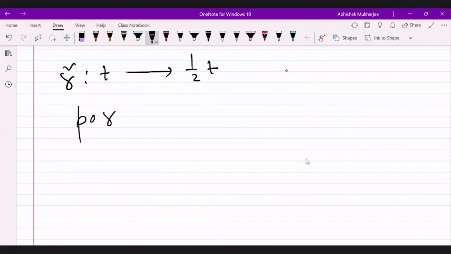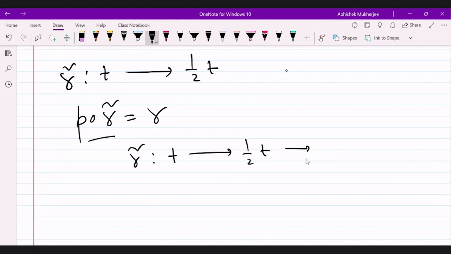One will expect that this will happen, and in that case, this is true. Just look at P composed with gamma tilde. What is that? Gamma tilde is t to half of t, and then you are using P. So this will be e to the power 2 pi i half of t, right? So that means it is e to the power pi i t.